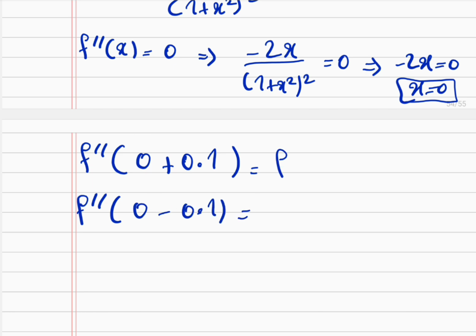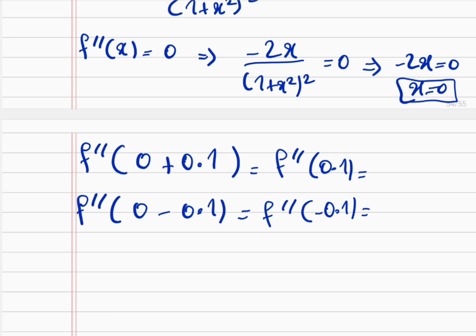So this allows us to see the behavior of the function. If the value of f''(x) is positive in one of them and negative in the other one, or simply they have opposite signs, that means this is actually a point of inflection, because the curve changes from being concave to convex or vice versa.